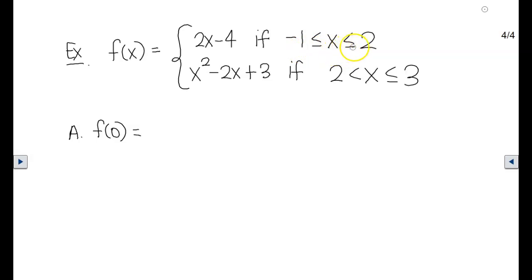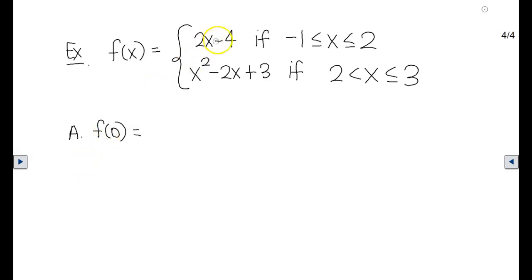Is 0 also less than or equal to 2? Absolutely. So 0 fits this domain, which means it shouldn't fit this one. Is 2 less than 0? No. So 0 does not fit this domain. So for this particular problem, I would use piece 1 of my function because 0 fits in its domain.